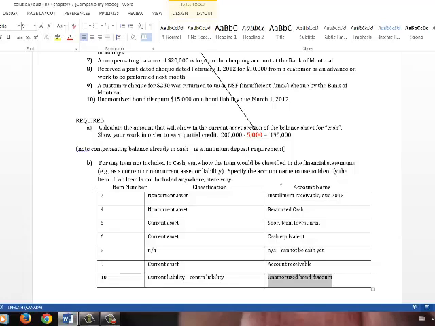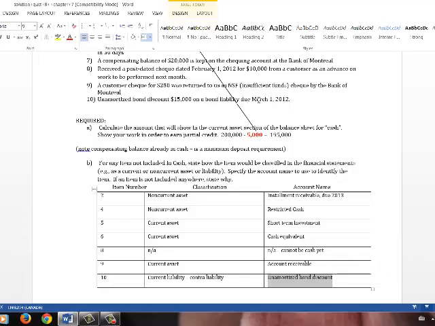The idea here is that some students might have said, well, I can treat it as a contra account to the bond liability, and I can include it as a reduction in the bond payable. Well, that's true. And we discussed that in class as being a possibility as well. So some of you might have just recorded it as a current liability as part of the balance in the bond payable.